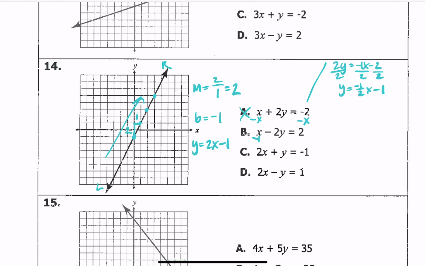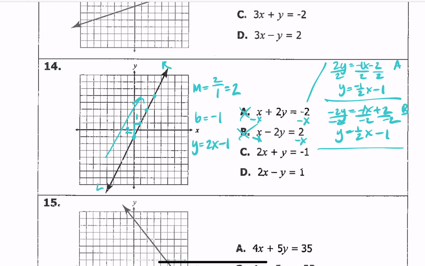B, I'm going to minus x from both sides. So that was part A that I checked out. So B, I end up with minus 2y equals minus x plus 2. Divide everything by -2. I end up with y equals positive 1/2 x minus 1. That's not a match, right? That doesn't work. So this is not it.